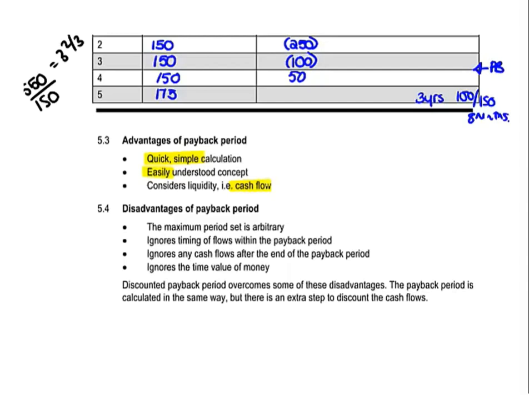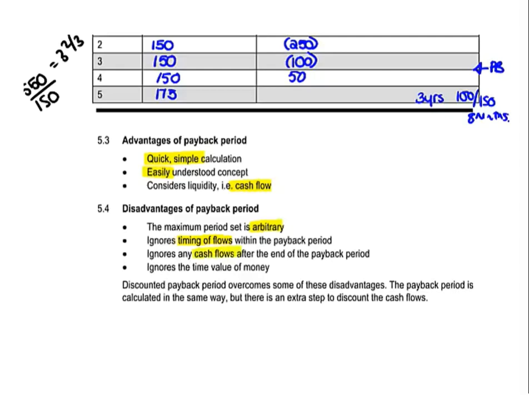The disadvantages of it, though, is that the length of the company's payback is an arbitrary decision. It also doesn't think about when the money comes in during the payback period, so whether it comes in immediately or whether you have to wait a bit longer.